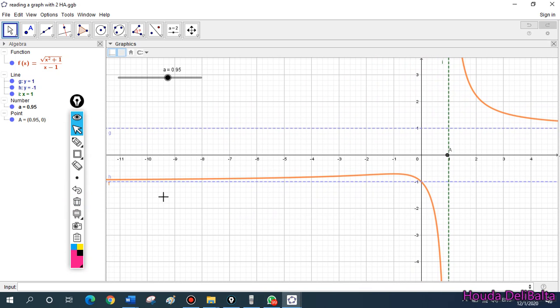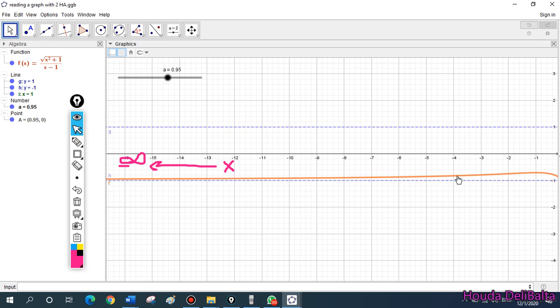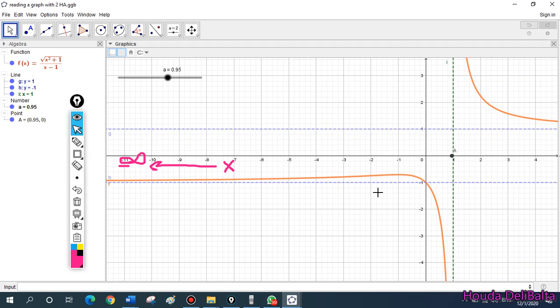As x goes to minus infinity, notice again the curve is approximately parallel to the line whose equation is y equals minus 1. So there is another horizontal asymptote, which is y equals minus 1. Again, at minus infinity the curve never intersects the asymptote, while it may intersect it at a certain point.